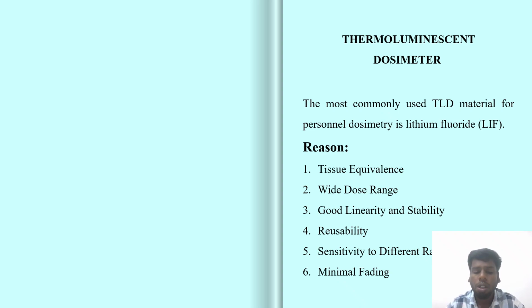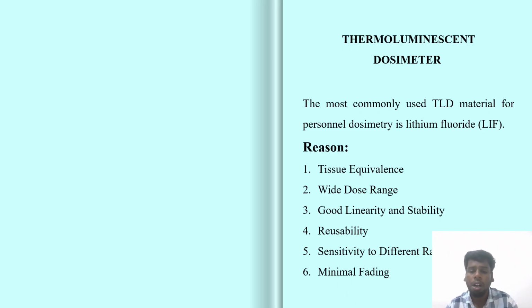The type of TLD material, as I said already, is lithium fluoride. The reason we use lithium fluoride is tissue equivalence, so it spreads equally to all the muscles.